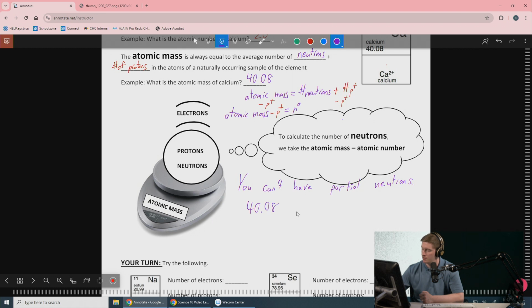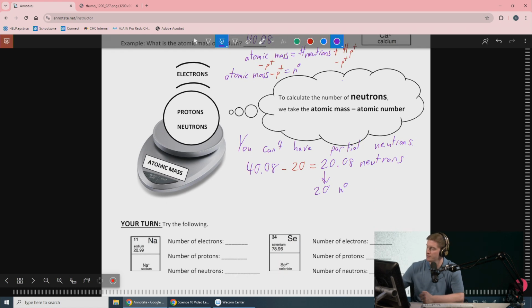Let me just write that out here. 40.08 minus the 20 protons that I have would tell me that calcium is going to have 20.08 neutrons. But you can't have partial neutrons, so we will round this to 20 neutrons.